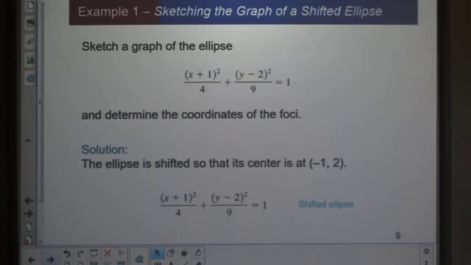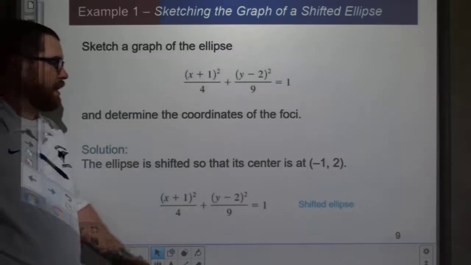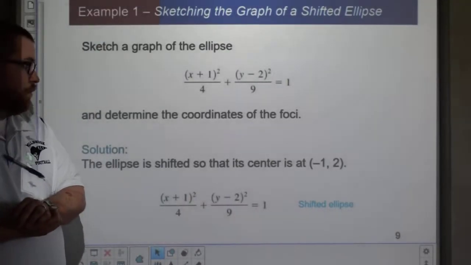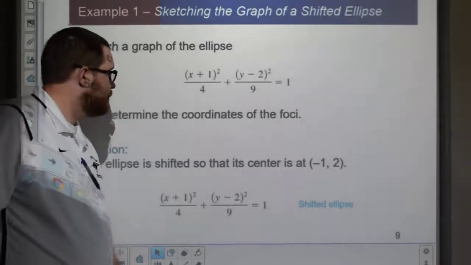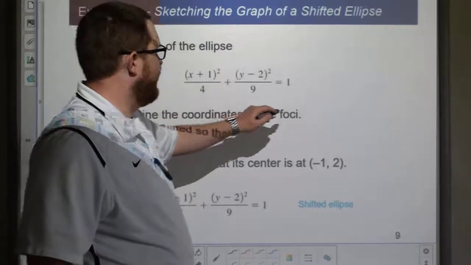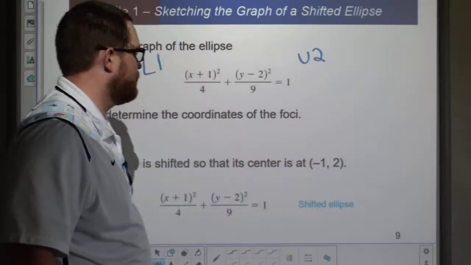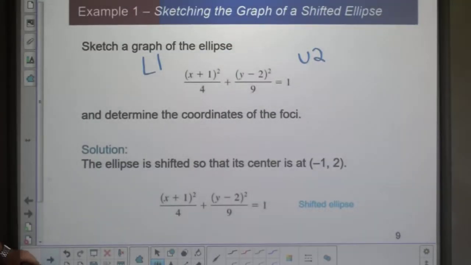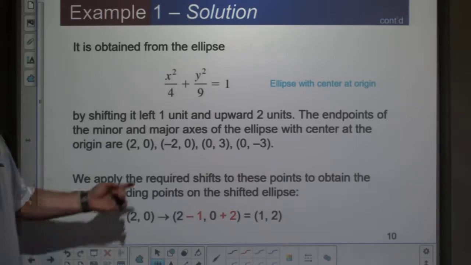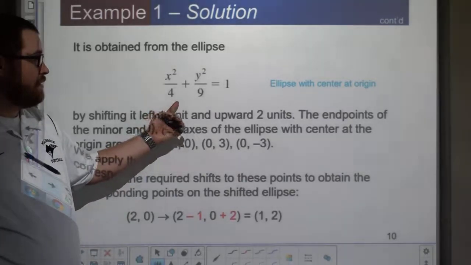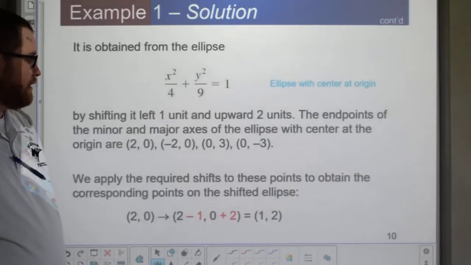Okay, like I said, the center is really at negative 1, 2. It's not at 0 anymore. So this one right here would be x plus 1, so left 1, and up 2. How would I draw this? Well, I would go 2 and negative 2 on the x-axis, 3 and negative 3 on the y-axis.